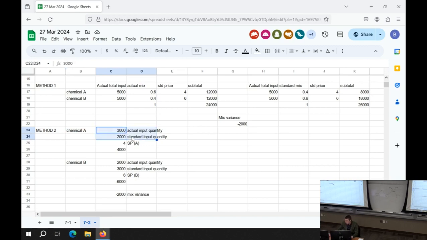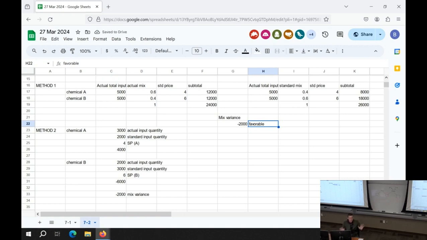We used 1,000 more inputs for chemical A than we would have expected, and 1,000 fewer inputs for chemical B. So those two literally offset each other. The problem is that chemical A and chemical B differ in their price, and so that's what causes this difference right here. So that is a favorable variance because it saves us money.